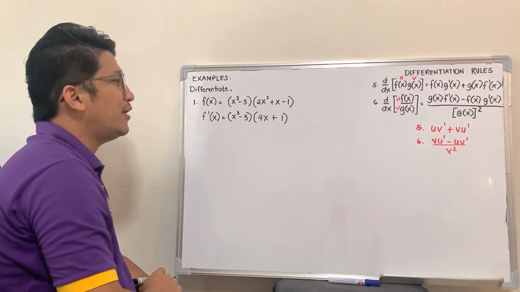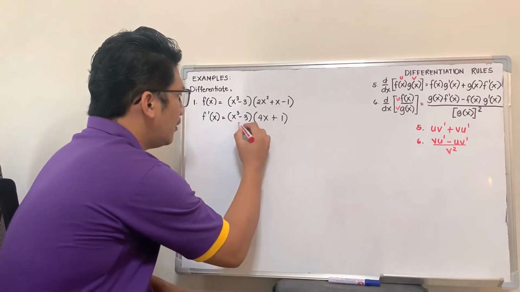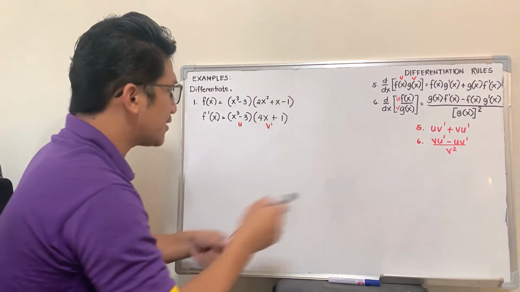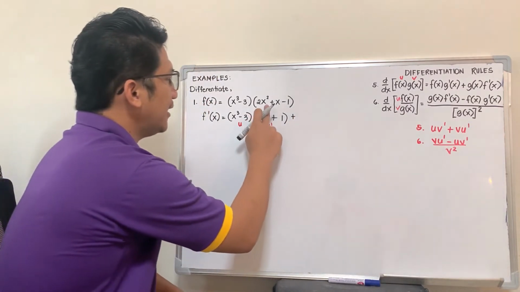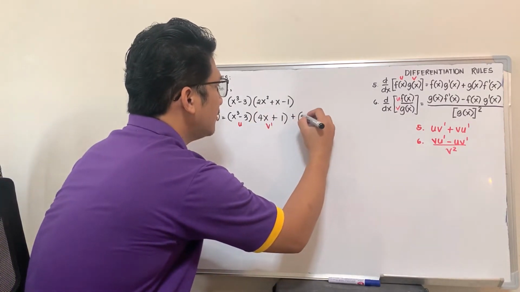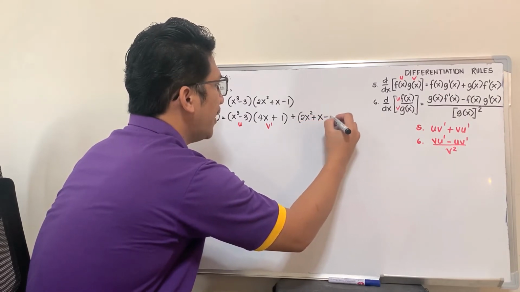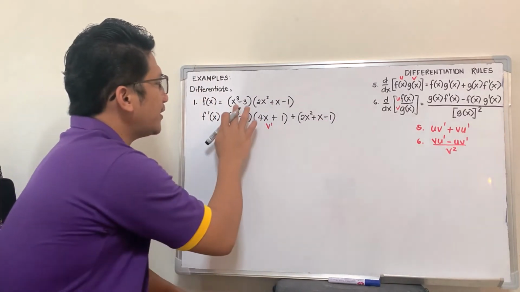So, this is your u, and this is your v prime. Okay? Plus, baliktad na, kopyahon ang 2x squared plus x minus 1. I-copy na nato ha. Differentiate na sa ni.